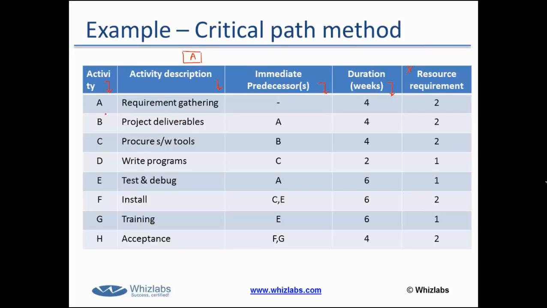I can see that activity B and activity E both have A as its immediate predecessor activity. That means B and E would happen immediately after activity A. So we can draw two arrows from activity A. We can have activity B in a box like this, and we can have activity E in a box like this.